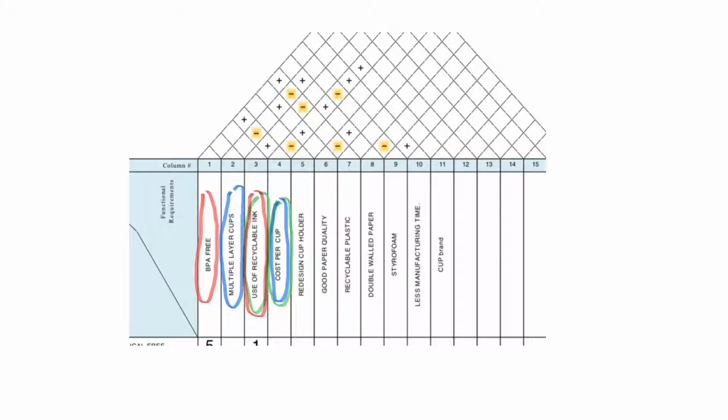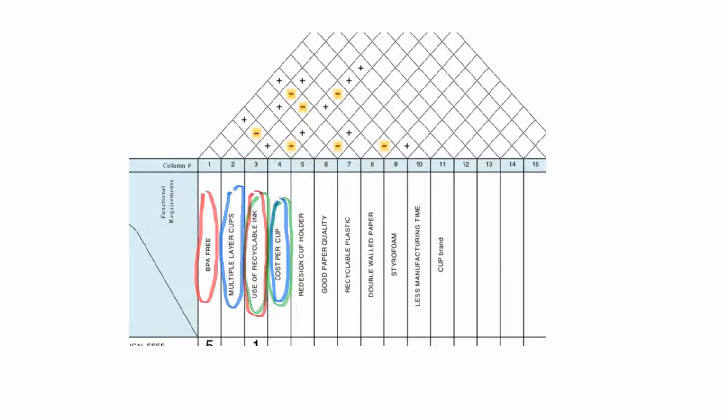So as we see, as we go up, BPA free is related with the cost per cup. You see the two blue circles. So there is a negative correlation between the multi-layered cup and the cost of the cup.